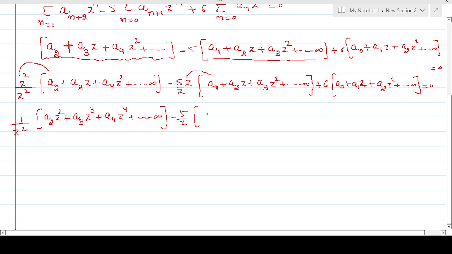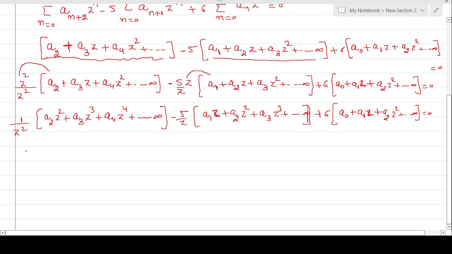You get A1 into z plus A2 into z square, A3 into z cube and so on up to infinity, plus 6 times A0 plus A1 z plus A2 z square and so on up to infinity equal to 0.